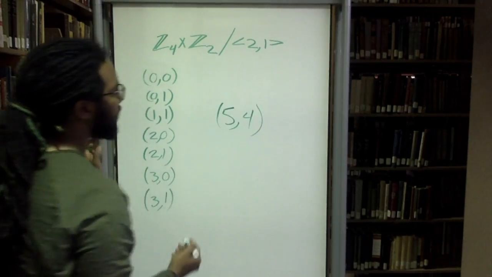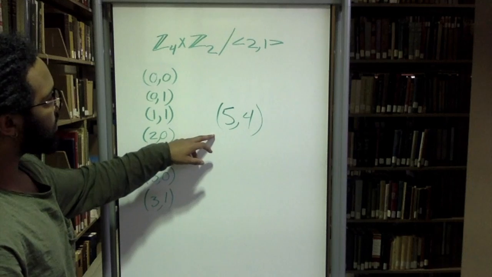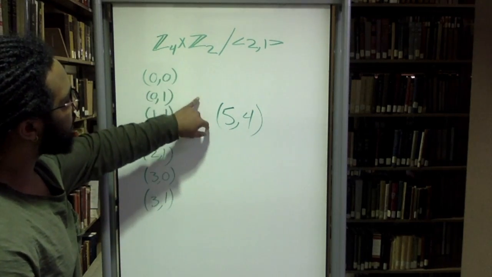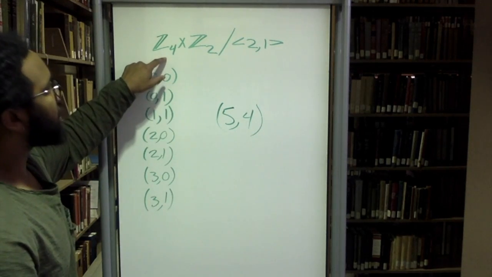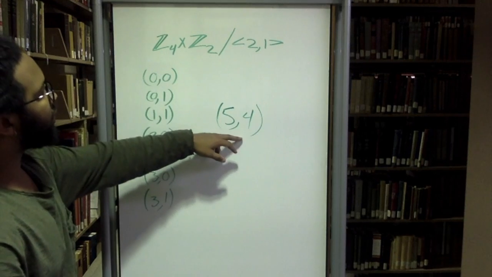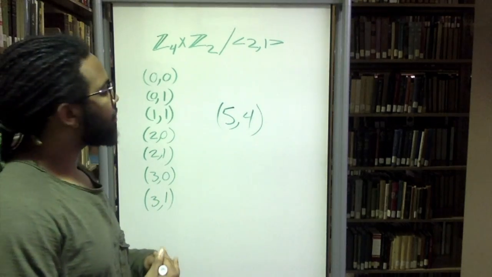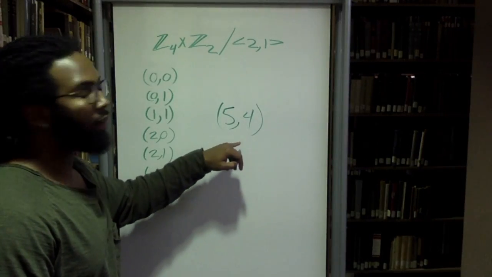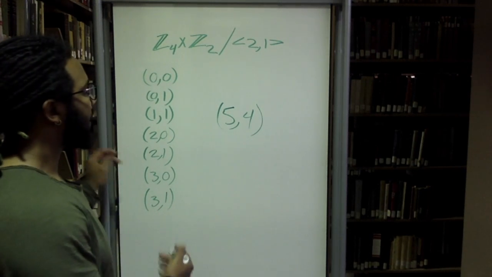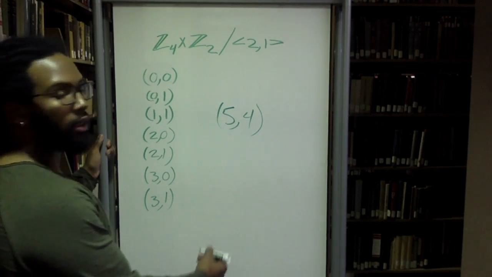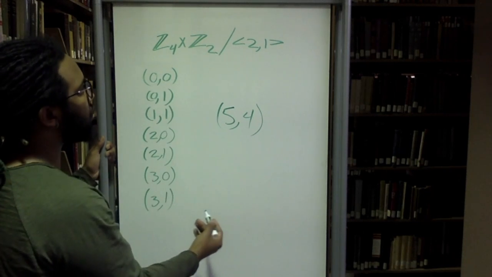The element (5, 4) isn't an element of our factor group, simply because, as we pay attention to the order of the elements, 5 isn't anywhere in Z4, and 4 isn't anywhere in Z2. Basically, the reason that the element (5, 4) would not be considered an element of our factor group is that (5, 4) isn't closed under the direct product of Z4 cross Z2.